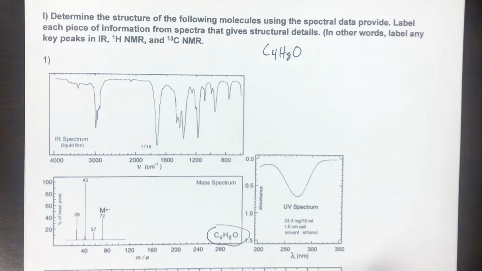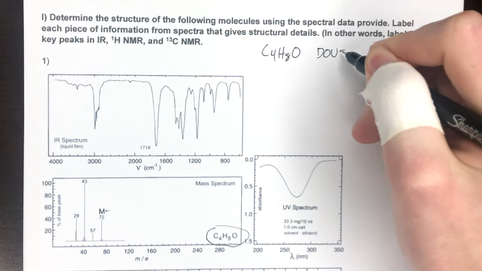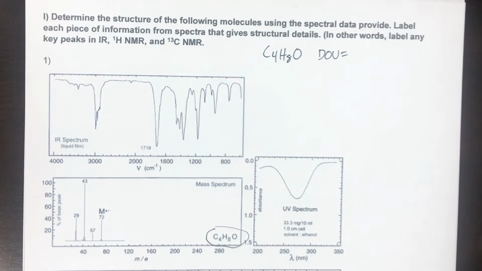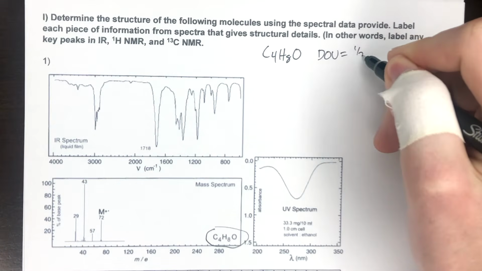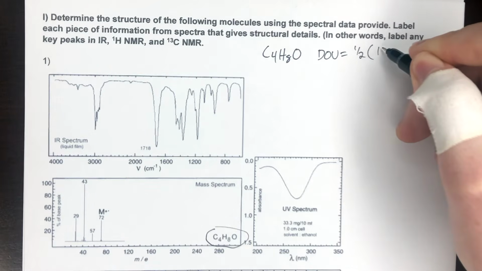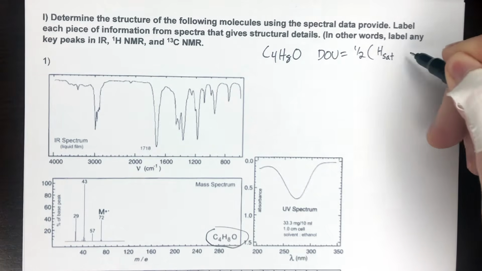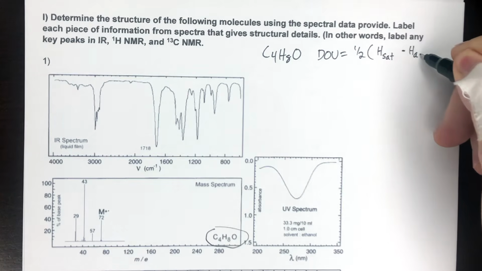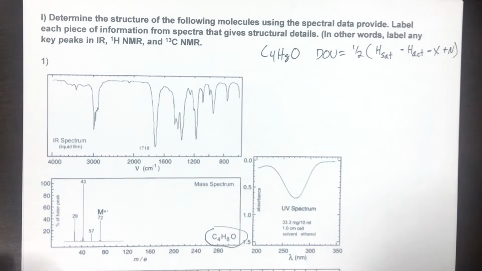Then the next thing you should determine is the degrees of unsaturation, DOU. This is the number of rings or double bonds that are present in the molecule. To determine this, it's first one half of the number of hydrogens that would be present if this was saturated, minus the number of hydrogens that are actually there, and then minus any halogens, which I'll indicate as X, and then plus any nitrogens if you have them.